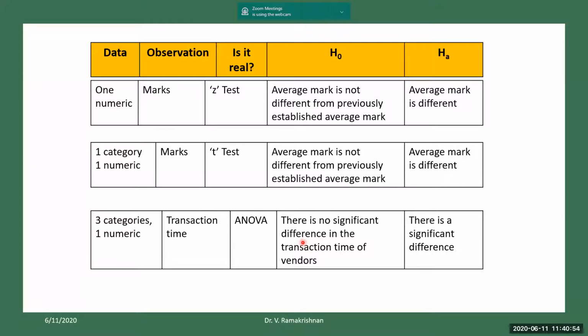The transaction time is very fast. If there is no significant difference among the transaction times of the different vendors, then you can equally treat them. Or if there is a significant difference, then you have to select one for the order. You have to select one as the best one. This is the ANOVA test. You are selecting the best among the different categories.